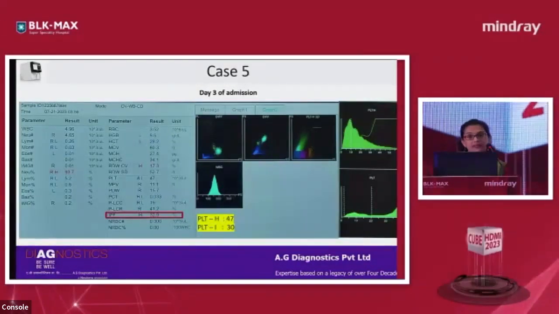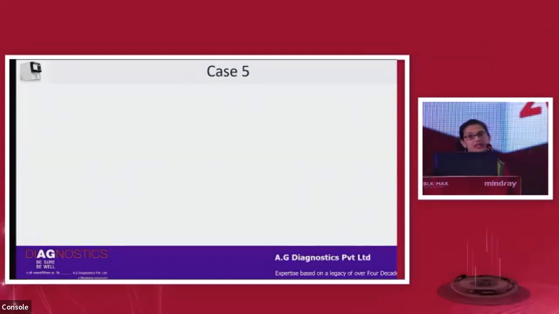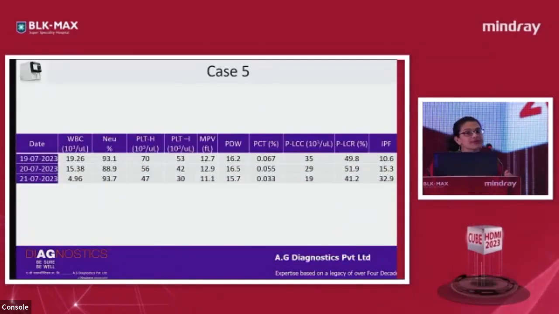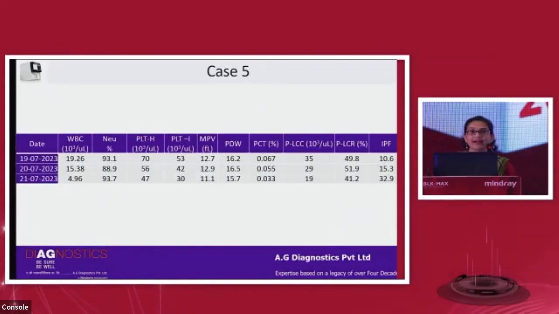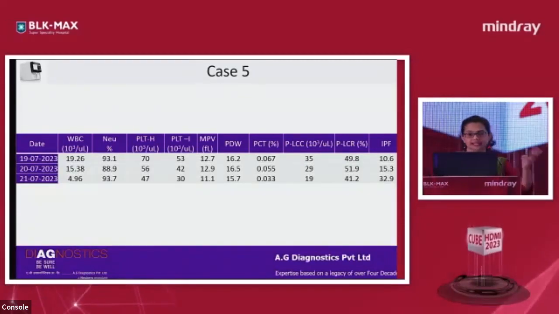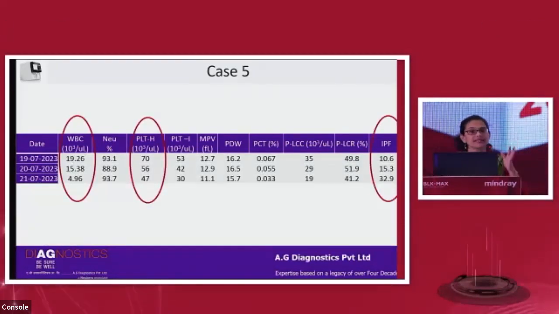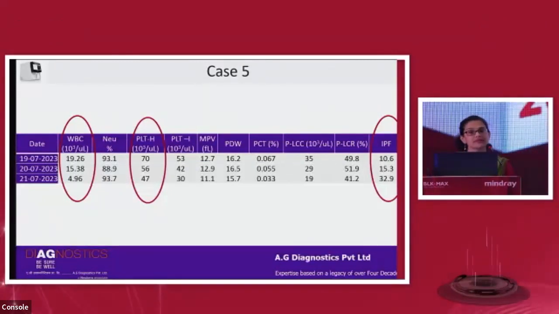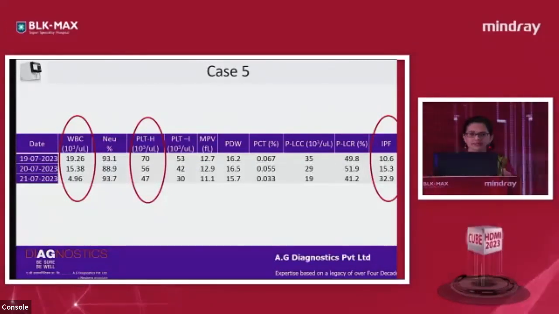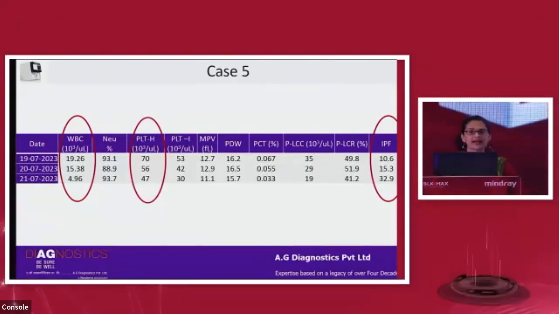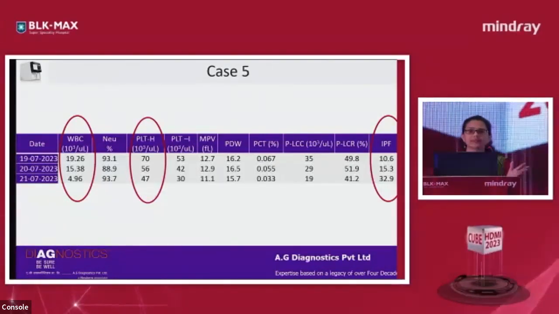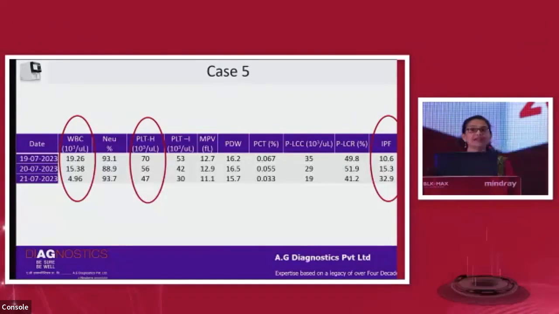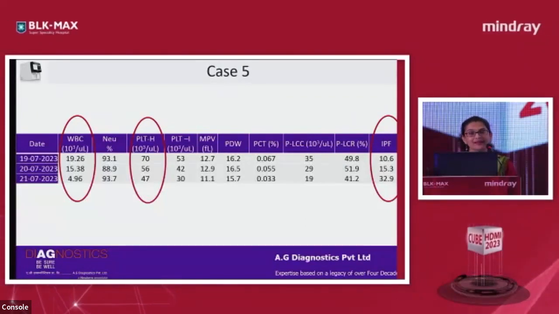WBC total count has come within the normal range. So this is the data of the same patient over 3 days. WBC count has come down with antibiotic therapy initiation. Platelet H has come down slightly. Platelet I parallelly is lower than platelet H. IPF has gone on increasing.